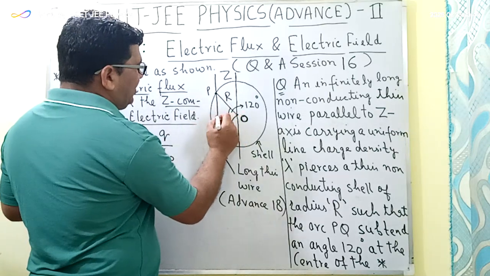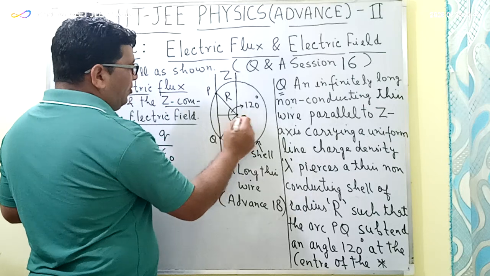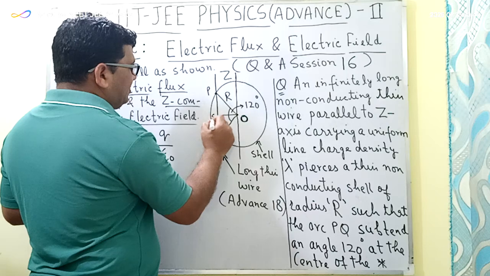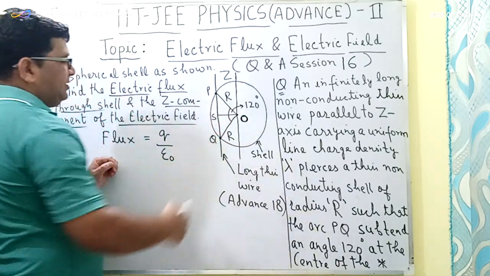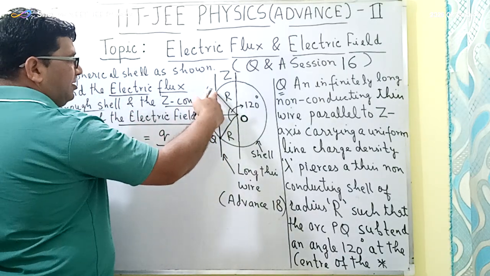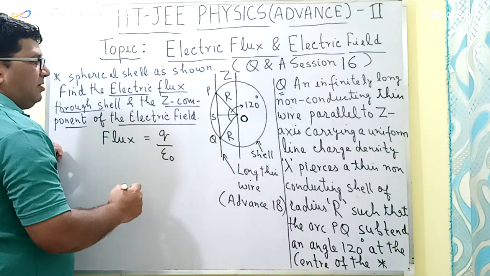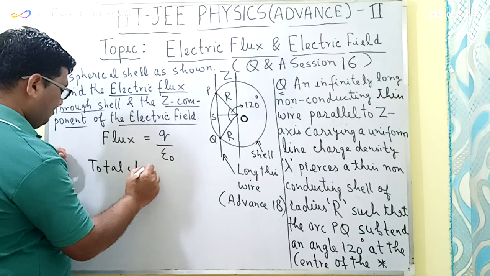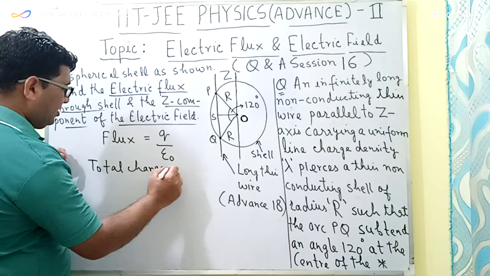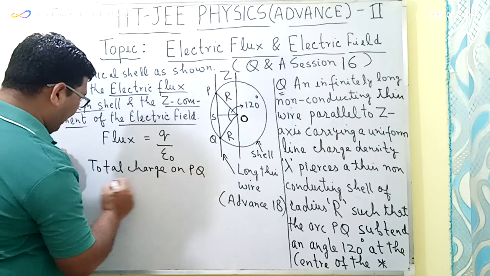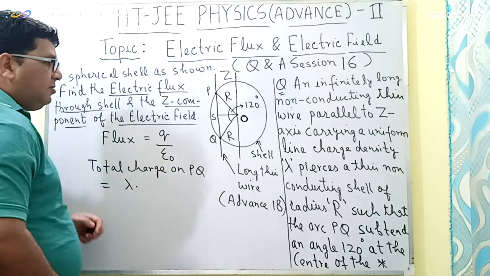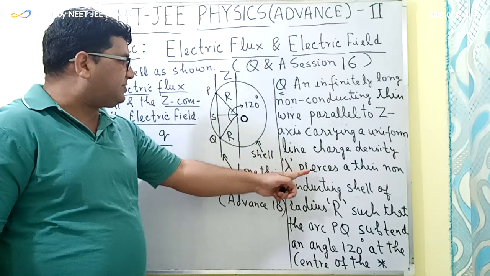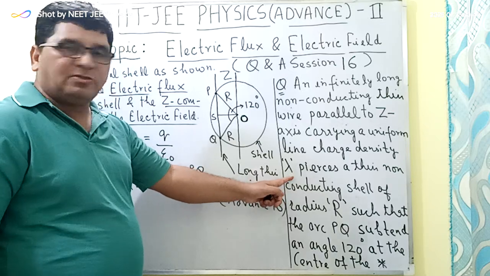For that purpose, I am simply drawing one perpendicular from O to this wire, and let us say this point is S. The total charge on this wire segment PQ will be equal to lambda into the length of this wire, that is PQ, because the line charge density is equal to lambda.